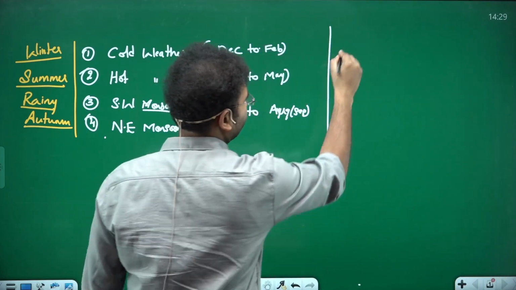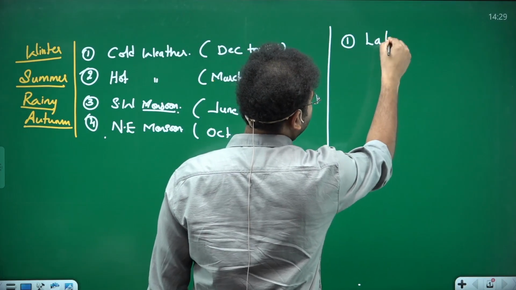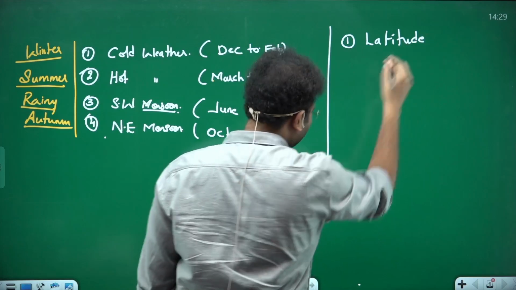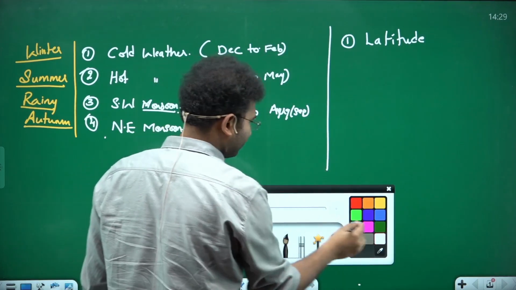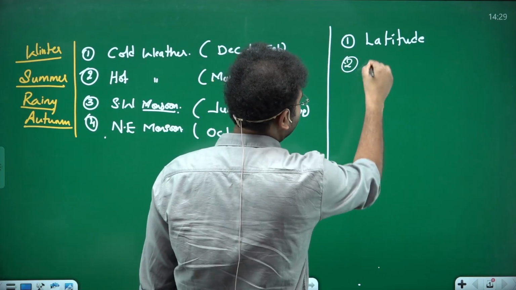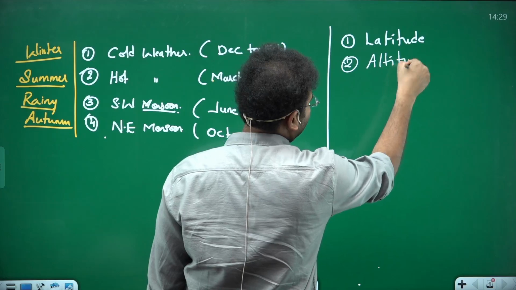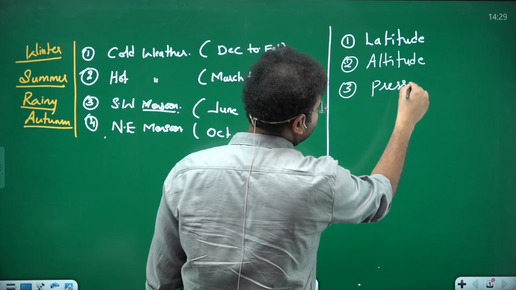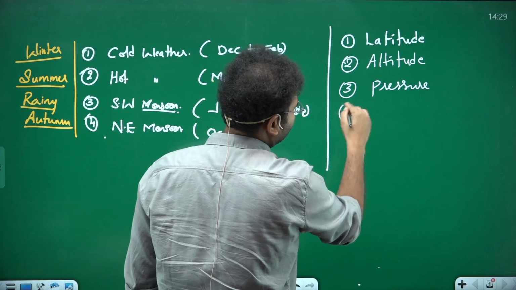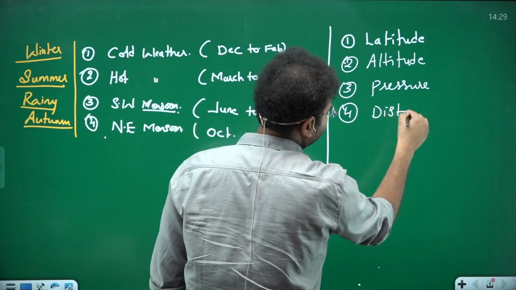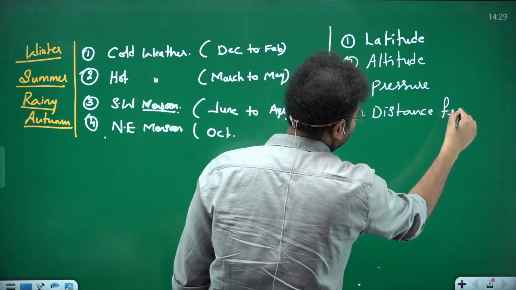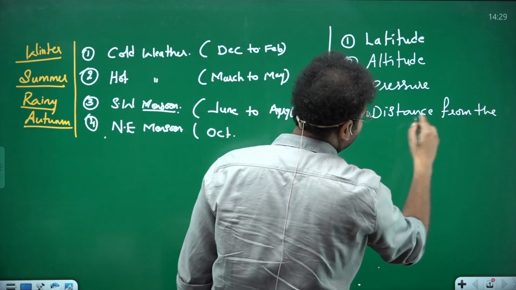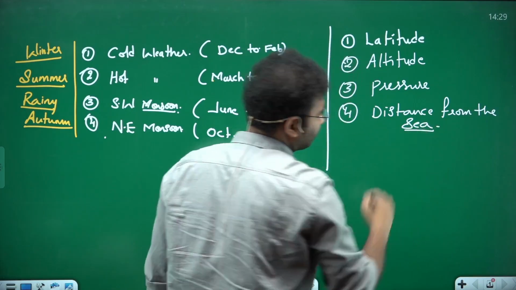First is latitude. Second one is altitude. Third one, pressure system. Fourth one, distance from the sea. This is also your distance from the sea.